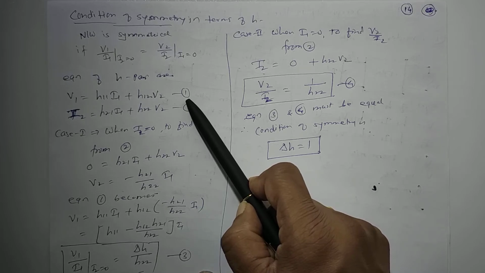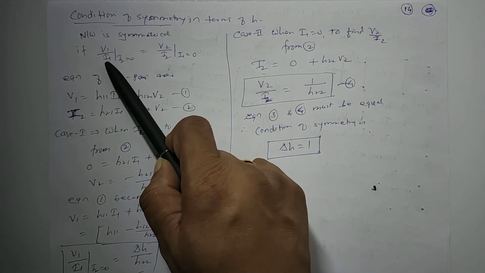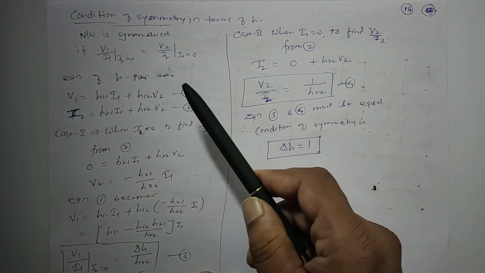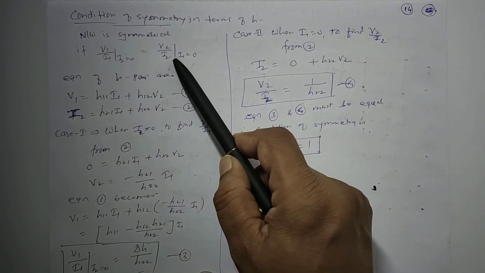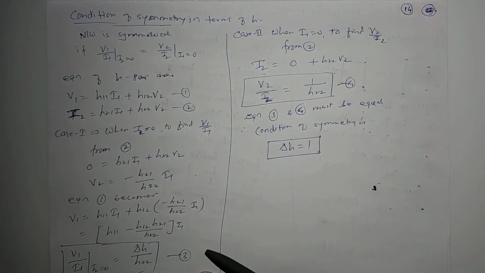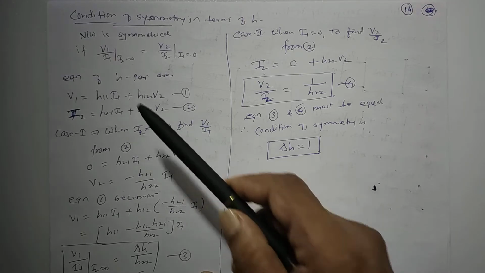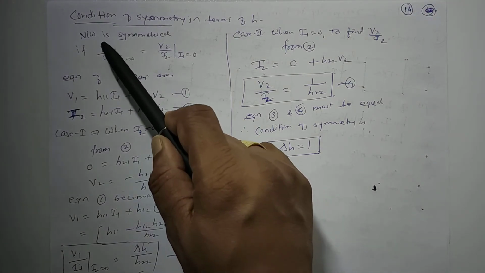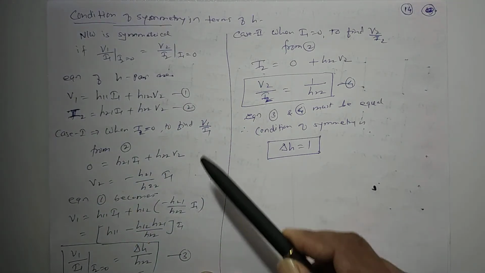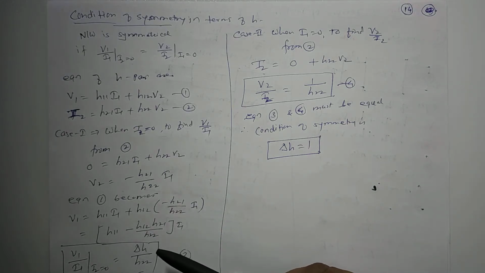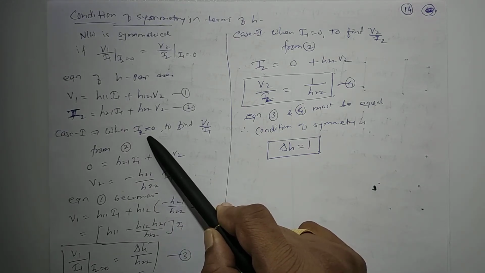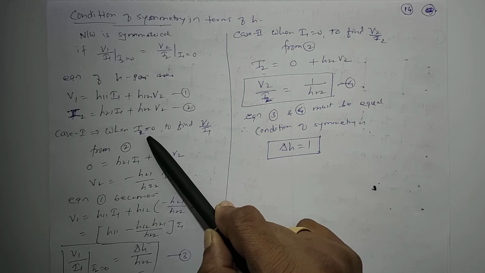From these equations, in the first case we have to find the V1 upon I1 ratio, and in the second case we have to find the V2 upon I2 ratio. So in case 1, we keep I2 equal to 0 and obtain the ratio V1 upon I1 from these two equations.